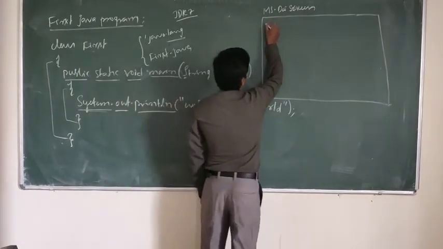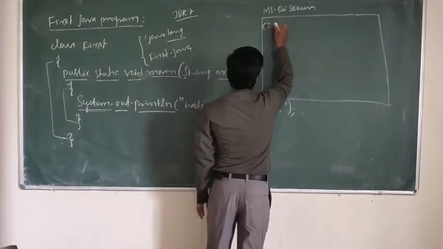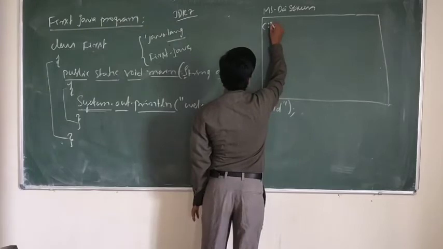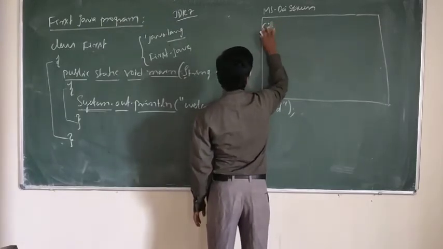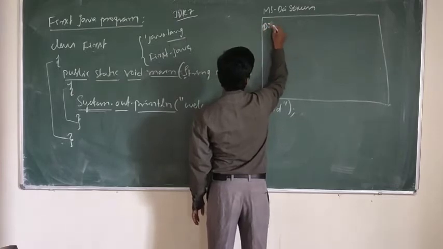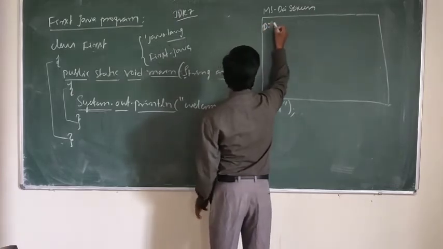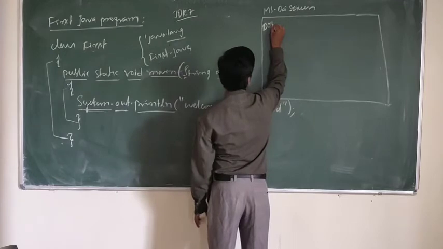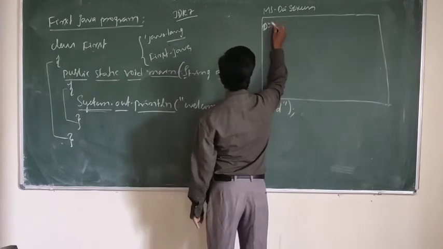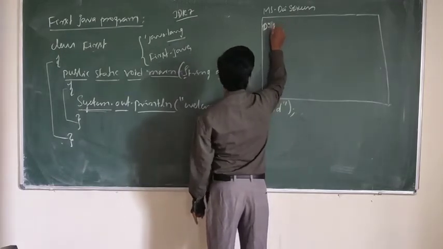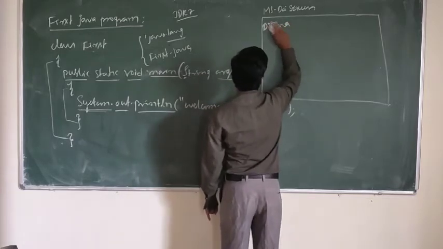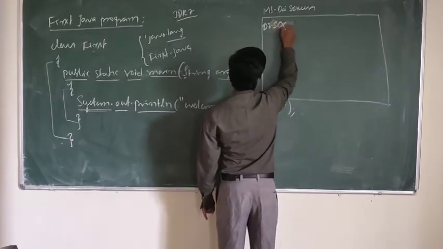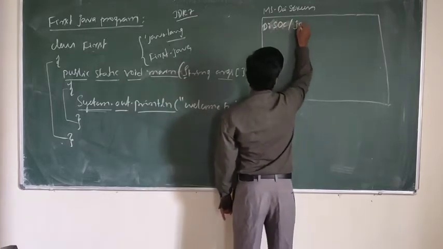Go to the particular directory where you installed this software. For example, I installed it in the D drive. Go to the D drive, and there you give some folder name, for example STC, then Java.